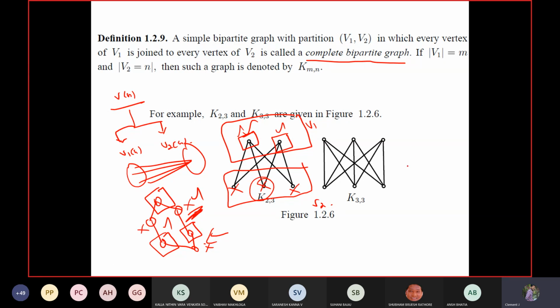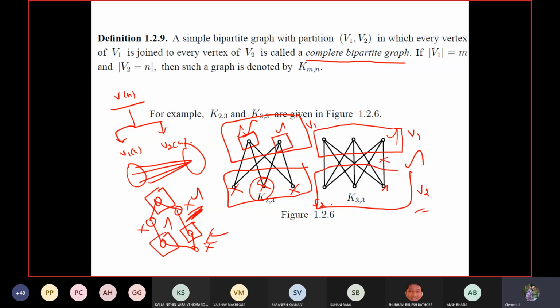Now I'll raise one more question. Is this a complete bipartite graph or not? Yes, sir. Yes, because you can directly pick: this can be placed in the first subset, and this in the second subset. That's it, because it has a connection with all the other vertices. If it fails for one particular vertex, like if there is no edge between this vertex and this vertex, then I should call this just a bipartite graph, not a complete bipartite graph.